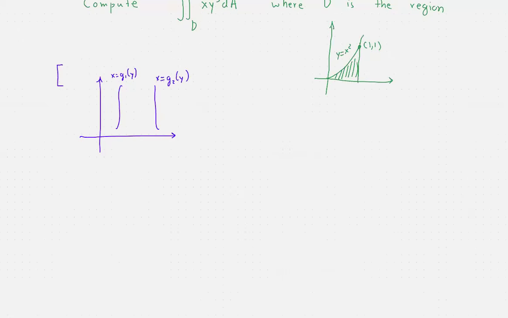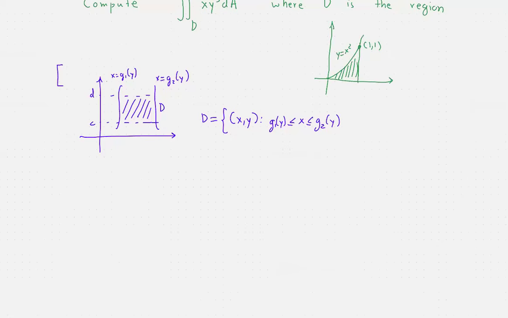And that gives rise to this domain D, which can be described in terms of coordinates as all the x and y's, so that x is between g1 of y and g2 of y, and y is between C and D.